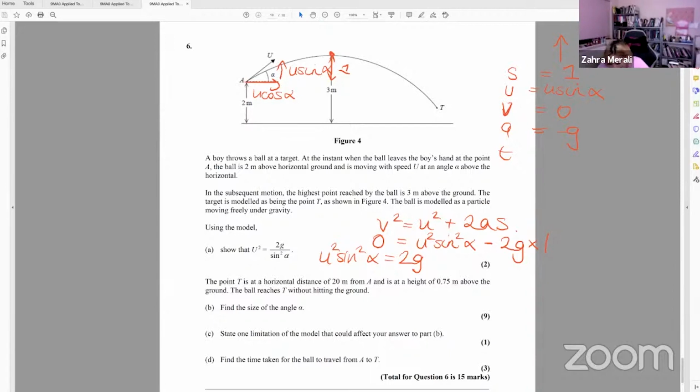The point T, a random point here, is at a horizontal distance 20 and a height 0.75.